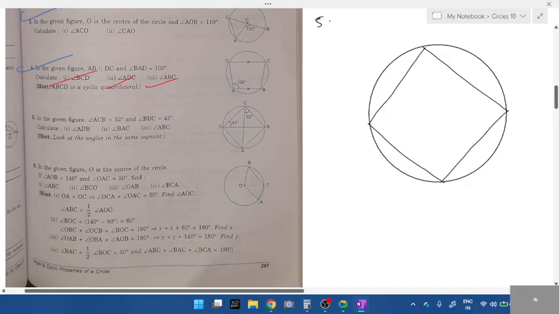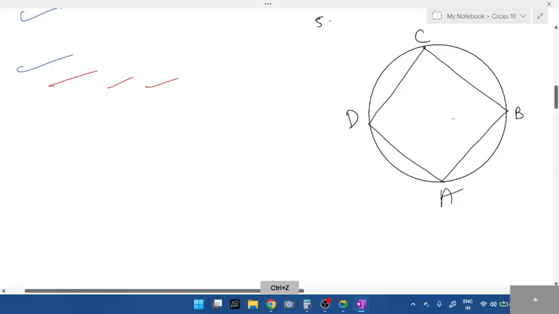What kind of quadrilateral is this? It's a cyclic.